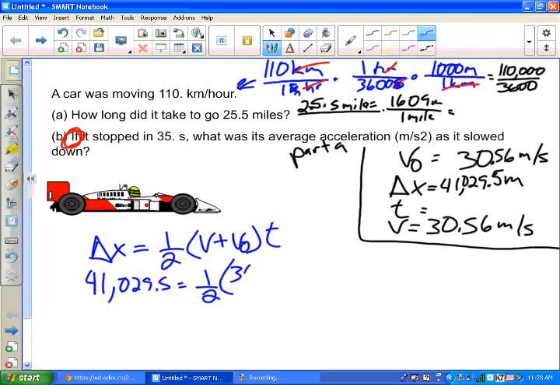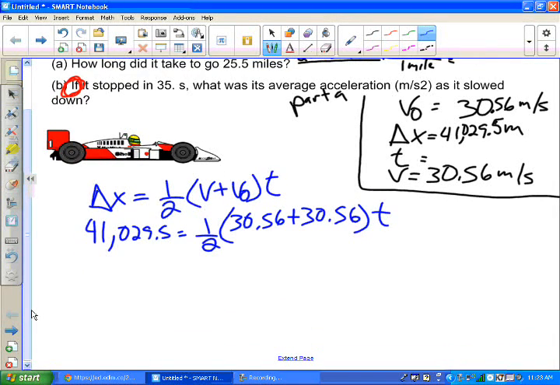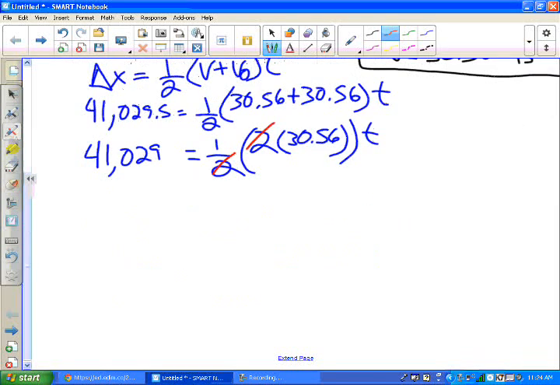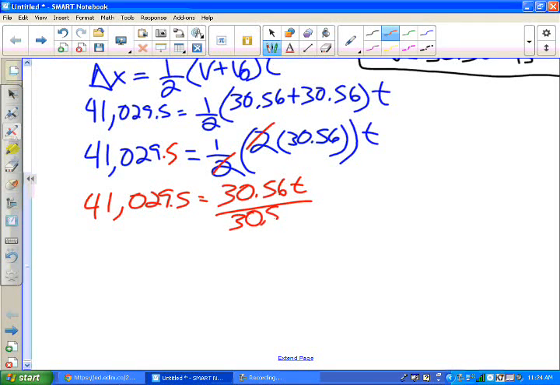So I plug in the numbers, and I get 41,029.5 is equal to 1/2 times the quantity 30.56 plus 30.56 times t. But that's really 2 times 30.56, and 1/2 of 2 is actually 1. So the 1/2 will cancel with the 2, and that's going to leave me with 41,029.5, almost forgot my 0.5 there, is equal to 30.56 t.